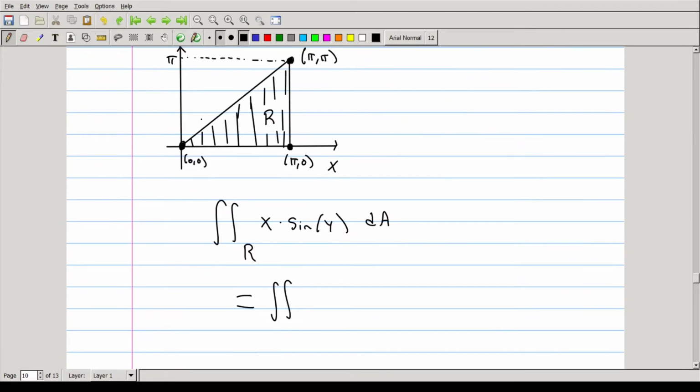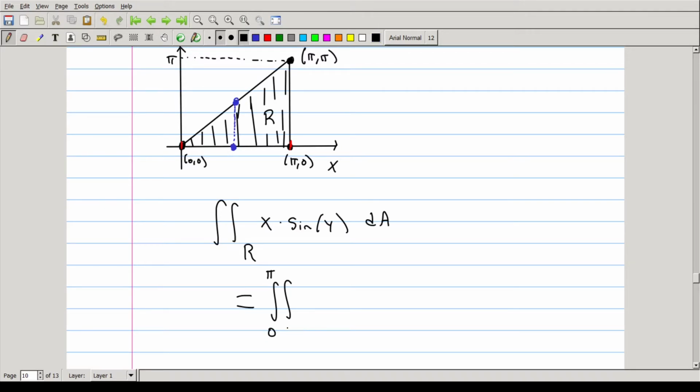For now, we'll just focus on what we know, which is that if we start with x, our x bound is going from 0 to pi, and the outer bound is always going to be a constant to a constant. So we're going from here in x to here in x. And then as we go from 0 to pi in x, our y bound is going from a lower bound of here to an upper bound of here.